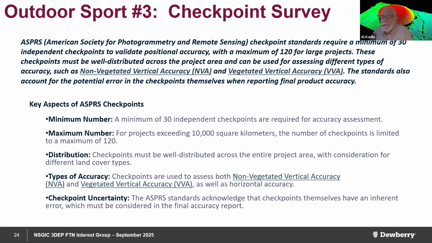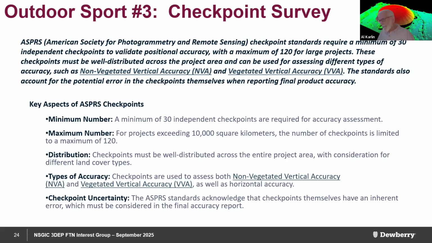If you're familiar with ASPRS, our specification has just been updated from the 2014 specification. There's a 2025 specification out now. And what that specification recommends is a minimum of 30 independent checkpoints to validate the positional accuracy of your LiDAR, with a maximum of 120 points, even for very large projects that exceed 10,000 square kilometers.